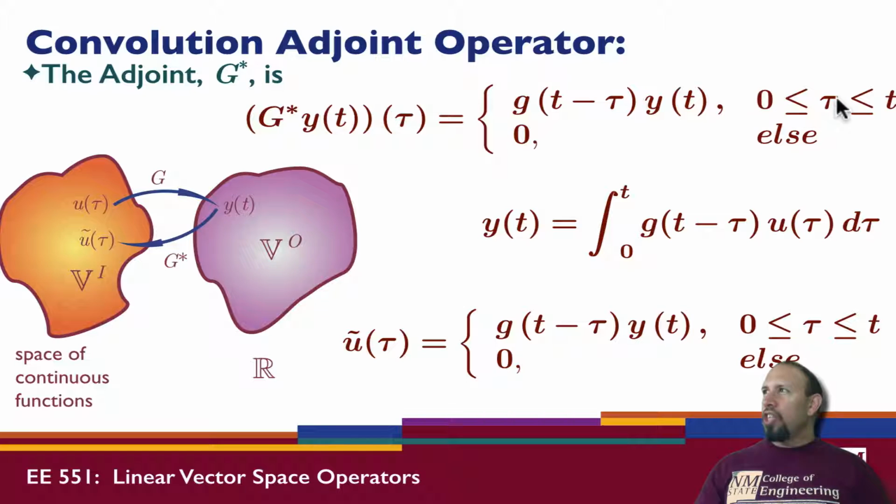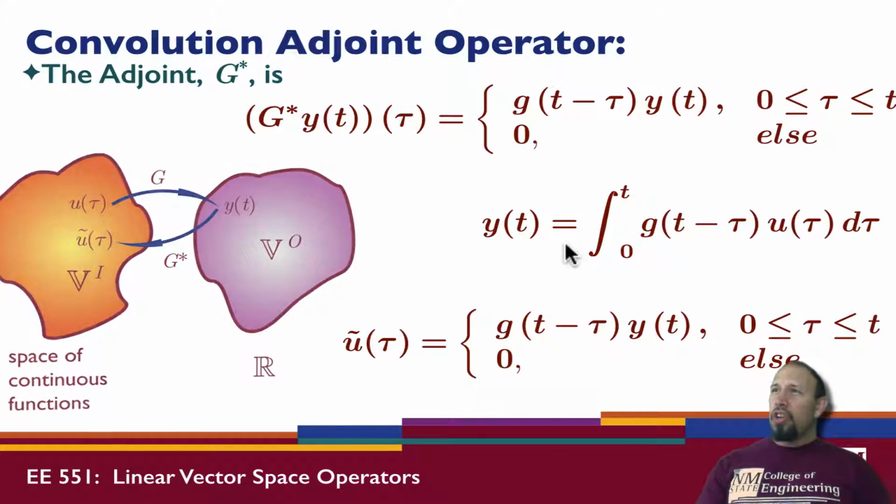So for tau between 0 and t, I get this expression. I get zeros for tau greater than t. Okay. So again, y in this case is given by this integral from u. So I got u, it's going to give me y. And so y is going to go in here. And so u tilde now is given by this expression, where y is given by this.